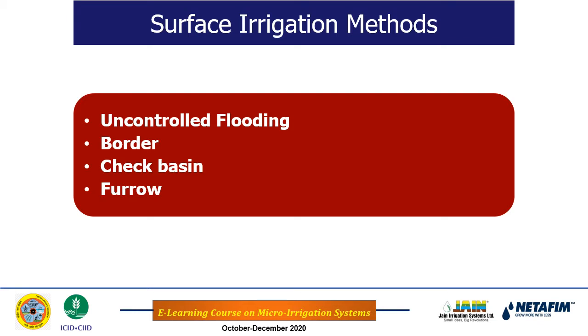And surface irrigation method is further divided into four topics: uncontrolled flooding, border irrigation method, check basin irrigation method and furrow irrigation method. So we will in fact consider all these four irrigation methods just to explain their principle in short.